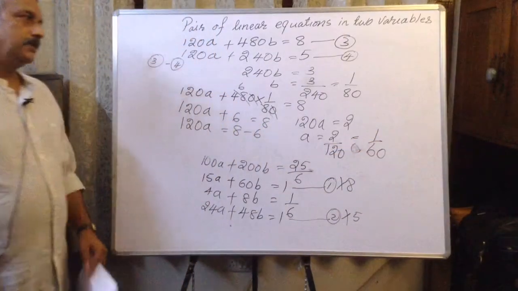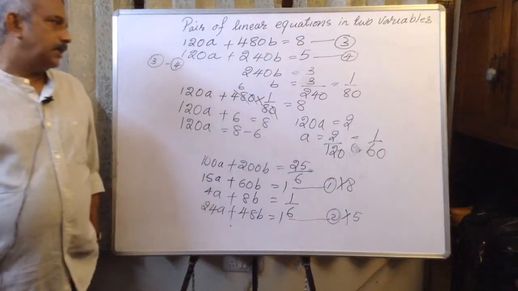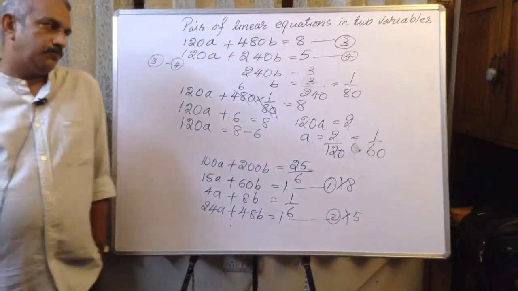So we are getting b as 1 upon 80 and a as 1 upon 60.